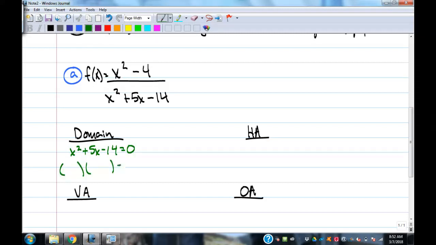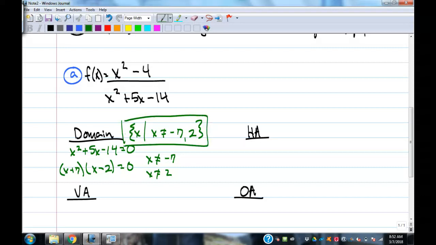How does that factor? X plus 7, x minus 2. So that means our domain, x cannot be -7 or +2. There's our domain.